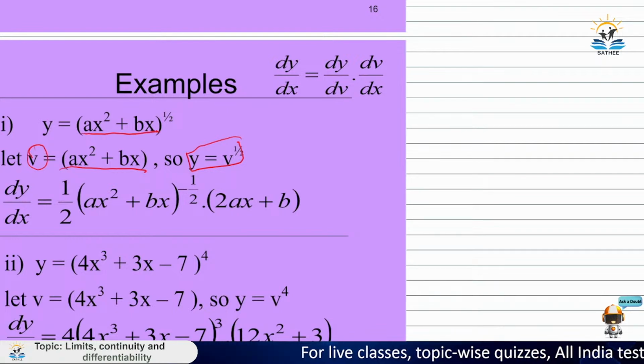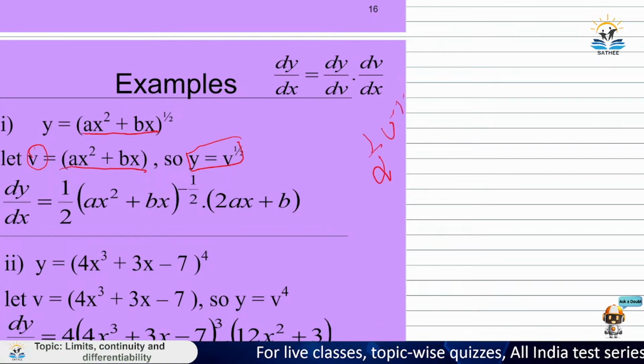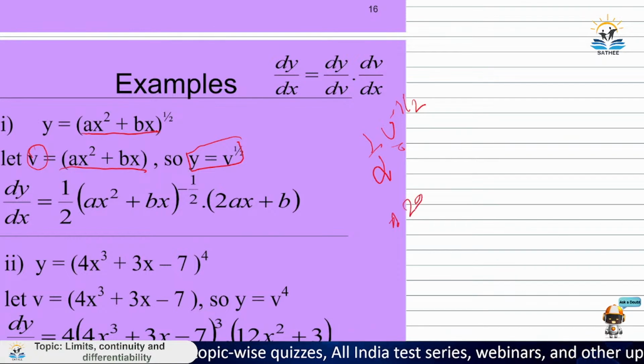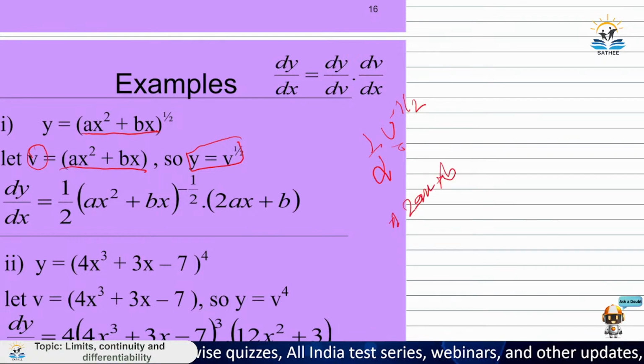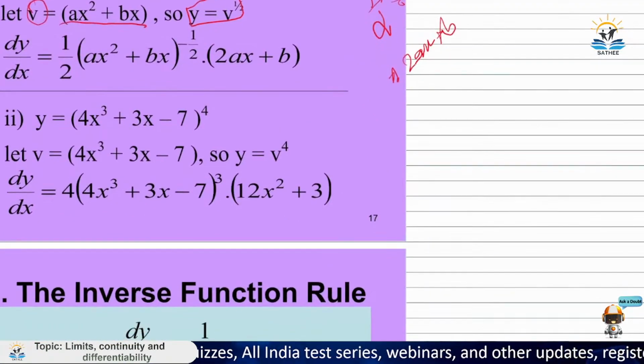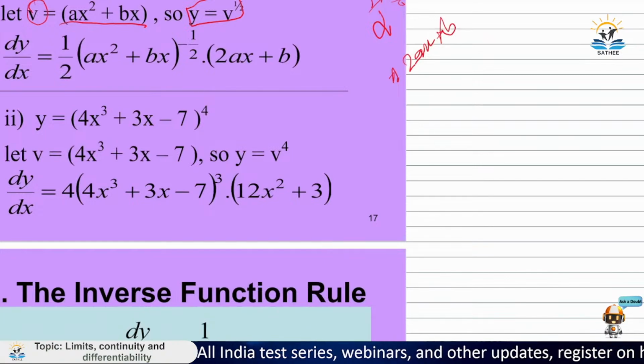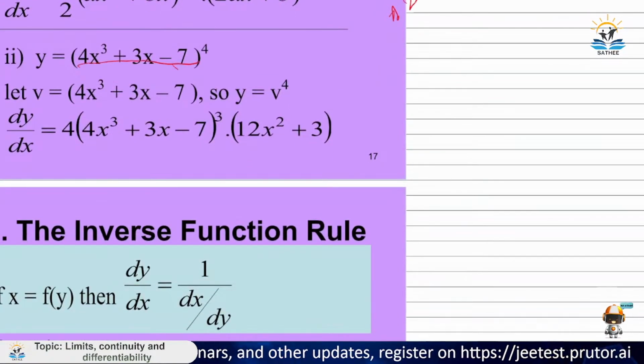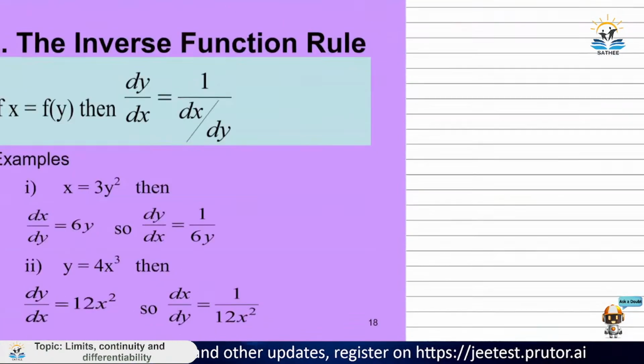What we get is half v to the power minus half. We write it as it is, and then we put the derivative of v with respect to x. So what we get is 2ax plus b. That satisfies our equation, right? And the chain rule that we did. It is very important to learn this chain rule. Again, we take the inner part as v and then solve the complete equation.